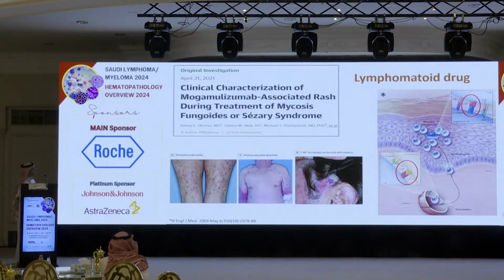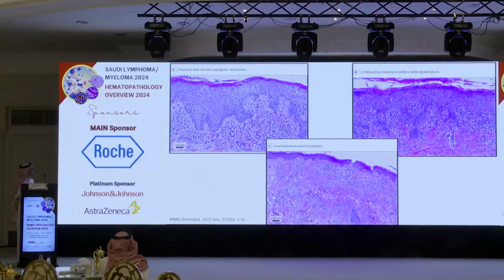And what makes things more difficult, for example, is this medication, mogamulizumab, used in treating mycosis fungoides. It is known to cause a drug rash overlapping with mycosis fungoides. So here are the patterns of side effect of this medication: spongiotic dermatitis, lichenoid inflammatory infiltrate, and granulomatous reaction pattern, and granulomatous reaction can happen with mycosis fungoides as well.